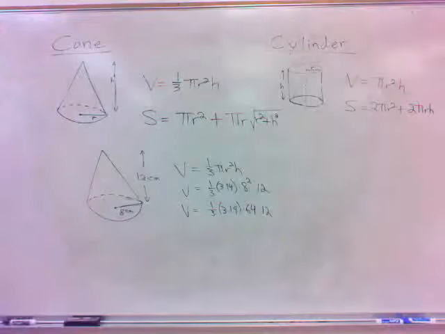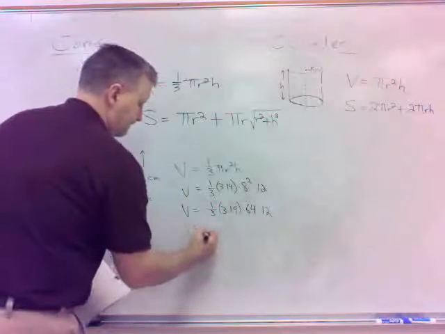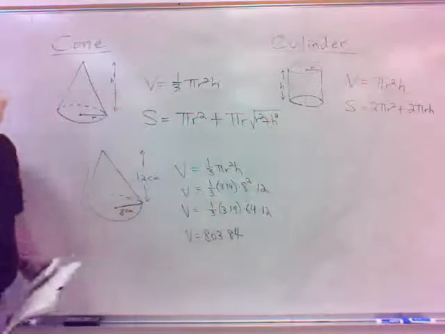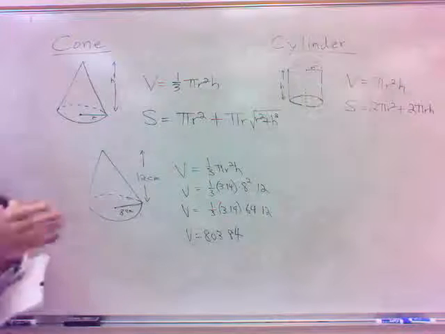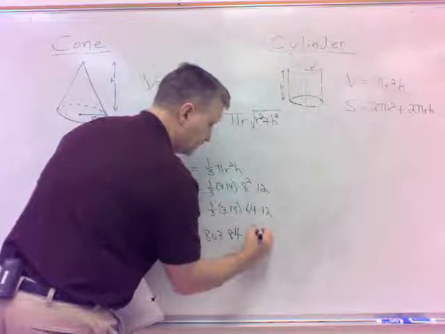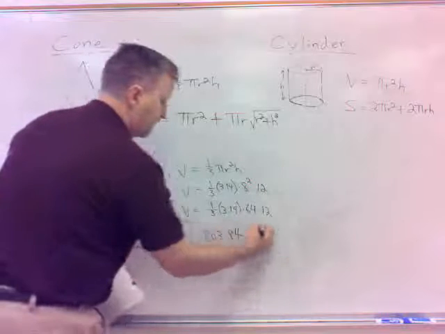All those together: 1/3 times 3.14 times 64 times 12 is 803.84. And the units for volume are always cubic units, so centimeters cubed would be the volume.